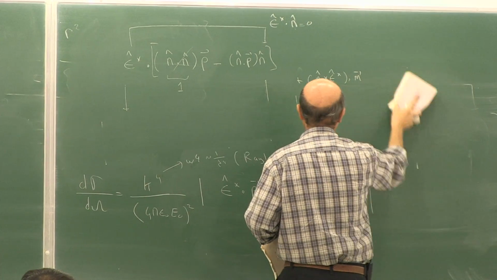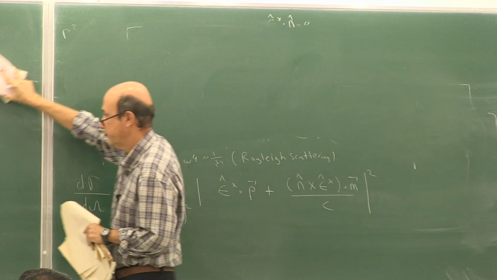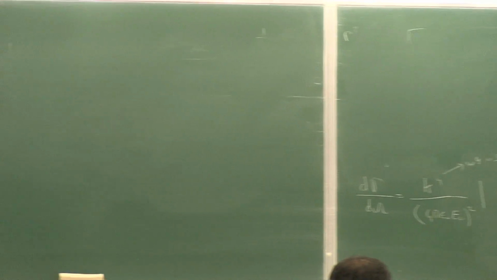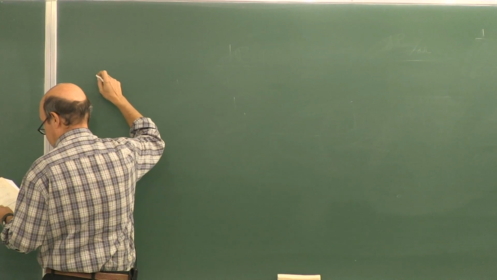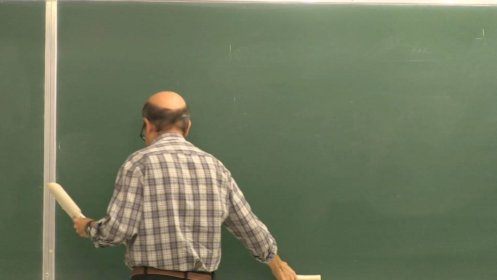Then we can work on the scattering from the perfect conductor. So first let us study the scattering by a small dielectric sphere. Small dielectric sphere. So what I am going to do, I will erase this part.